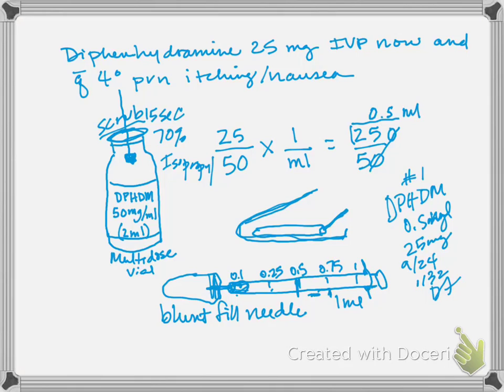Now, when you're giving an IV medication, we're also looking at dilution, compatibility, and then rate of administration. So, does the medication need to be diluted?